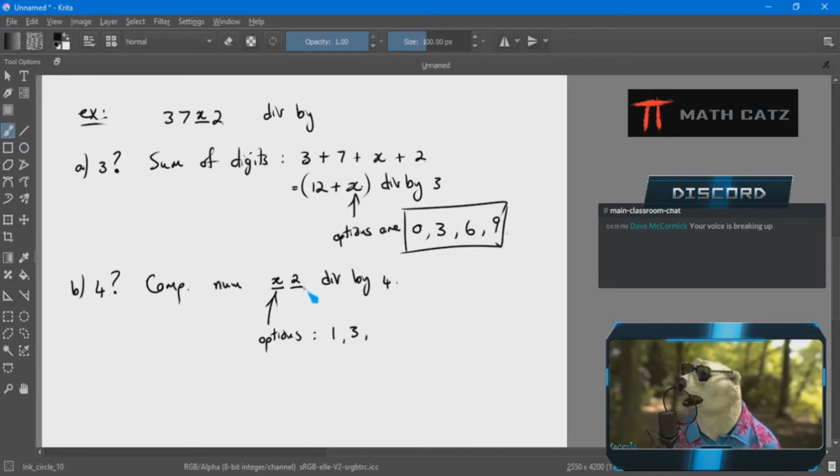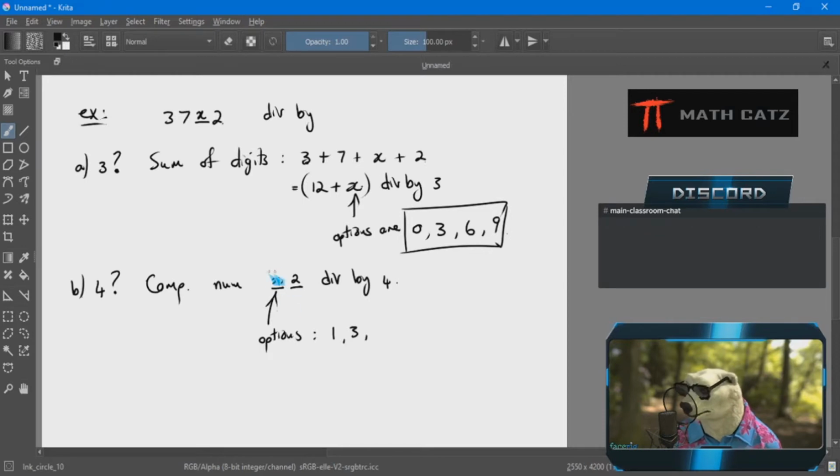All right, so I'm looking for the tens digit in this number so that it's divisible by 4. 12 would be divisible by 4, and therefore the tens digit x can be 1. 32 would also be divisible, so x could also be a 3. And then 42 would not be divisible by 4.